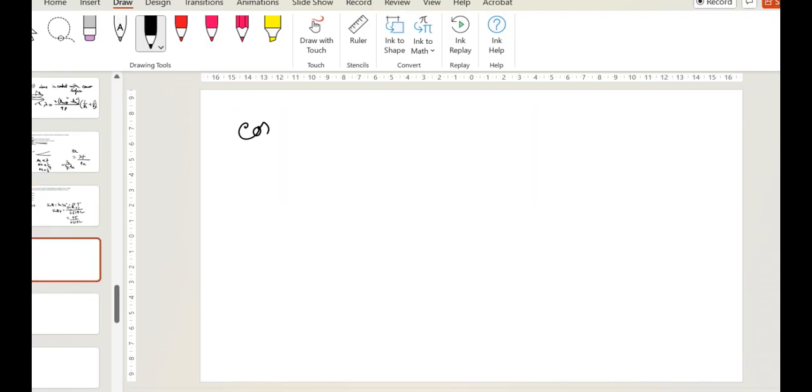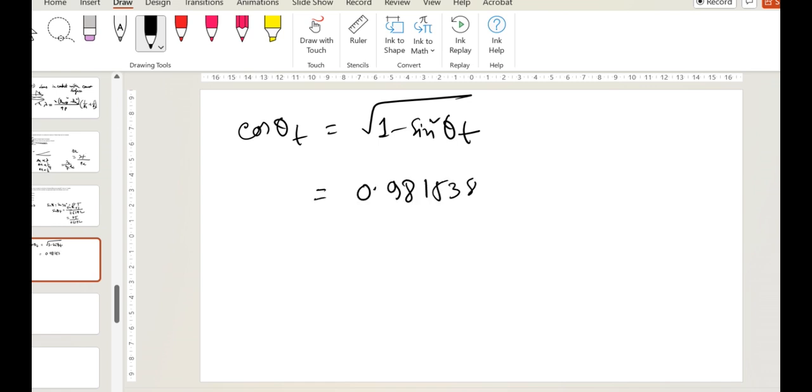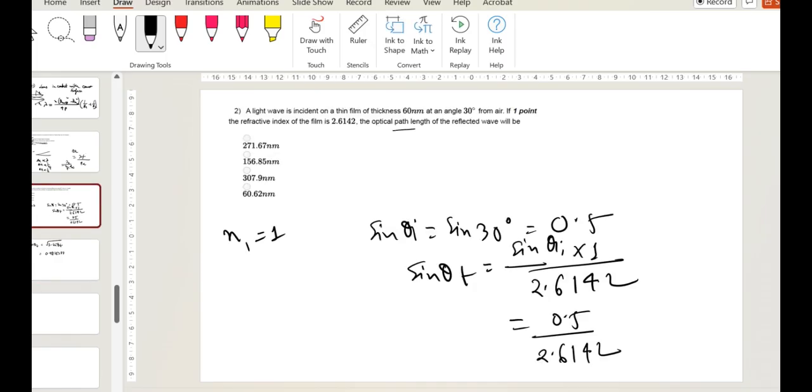So cos theta t is the square root of 1 minus sine square theta t, which will be 0.9815388. Here the question is the optical path length of the reflected wave.